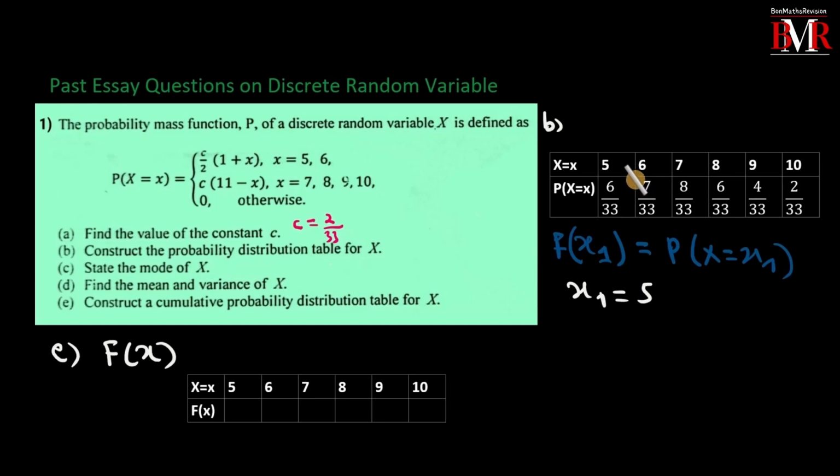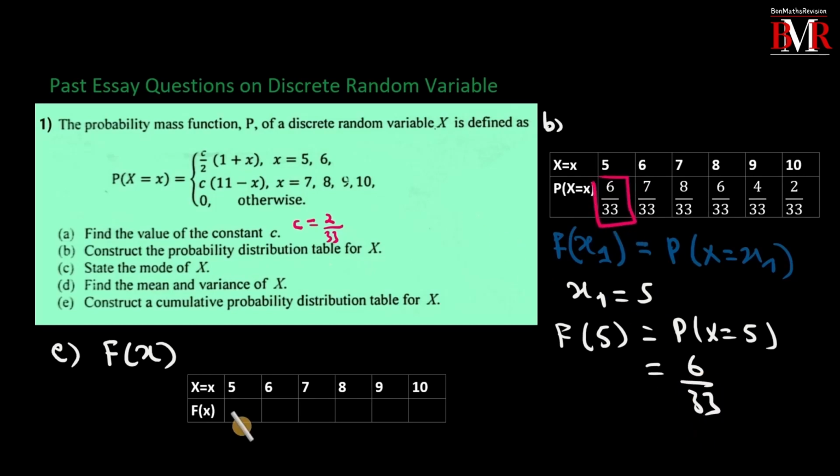That's the first value of x in the table from left to right. That means from this formula, the cumulative value of x1, which is 5, should be equal to the probability of x equals 5, which is this value, that is 6 over 33. It means that here is 6 over 33.